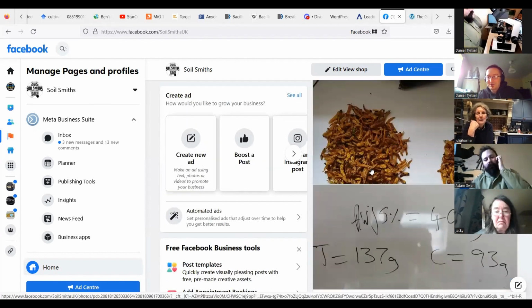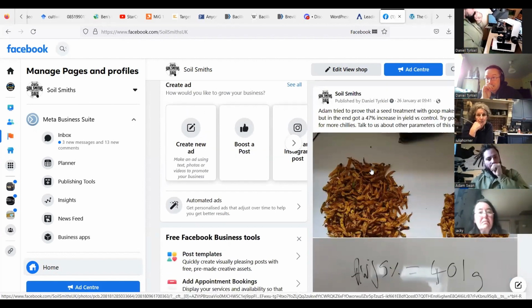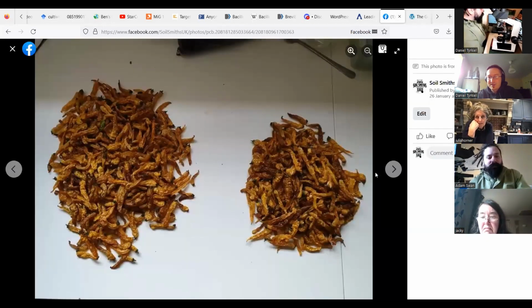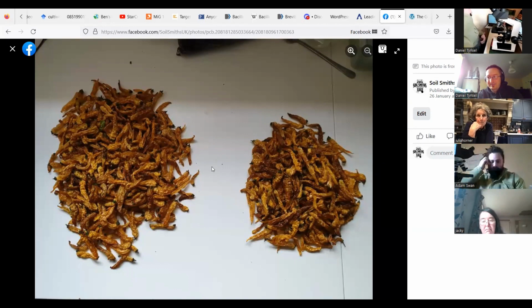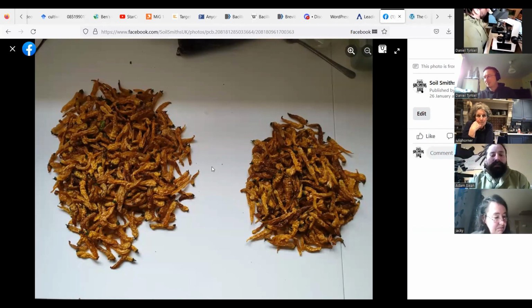But this is also interesting. Adam finished his chilies in January, and that took him a year. This is the result from Adam. Adam, you wanted to prove that seed treatment with biology makes no sense, right? I always thought that, because people say with the compost extract that they see a benefit in treating the seed.